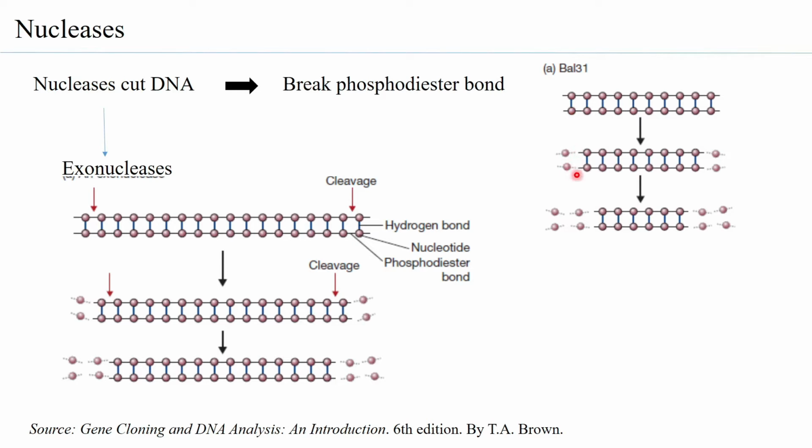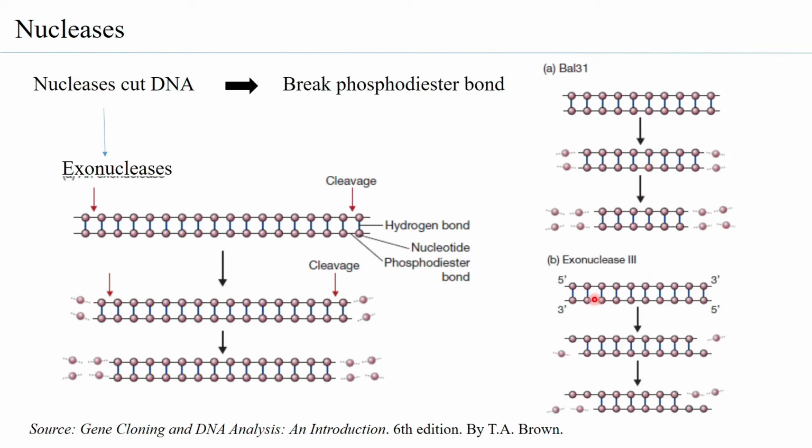So you can see that you have a nucleotide that is released from this strand, but you also have a nucleotide that is released from the other strand. And you can observe that happening at both the ends. So therefore, you will have gradually one by one a pair of nucleotides being removed every time there is a cleavage, and it is always from the ends.